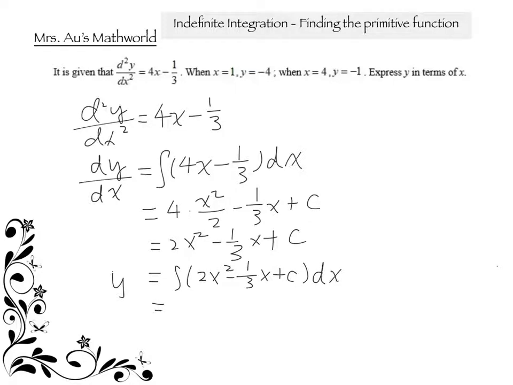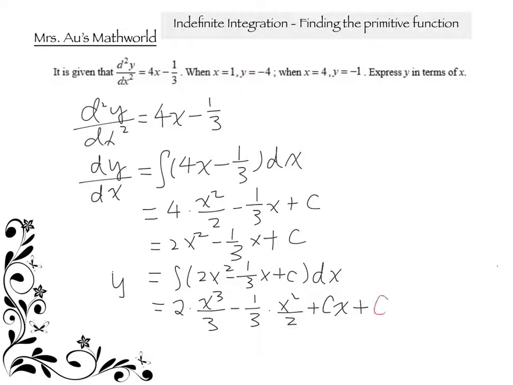But this time we need to pay attention. After you have integrated, you get 1 over 3 times x squared divided by 2 plus cx. This time, you already got c as an arbitrary constant, but these two are different because c already goes with the x, the first constant.